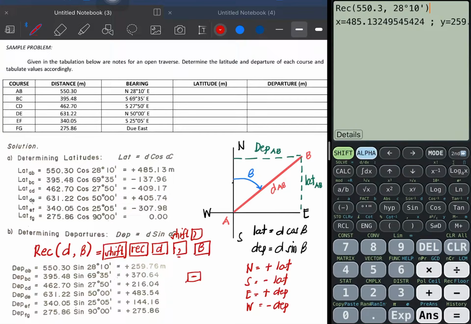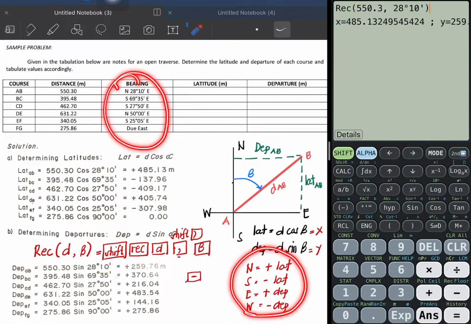In your calculator, X is latitude and Y is departure. So you can use the rectangular function of your calculator to solve for latitude and departure. For the sign convention, you look at the direction in your bearing.